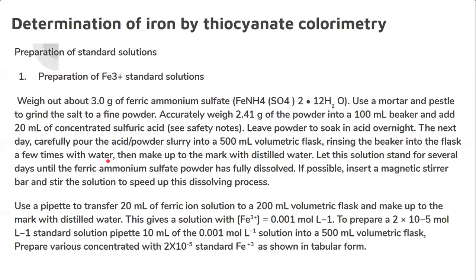Before transferring, we rinse the volumetric flask with water, then make it up to the mark with distilled water and let the solution stand for several days until the ferric ammonium sulfate powder has fully dissolved. This is because ferric ammonium sulfate is less soluble in water. So after transferring the soaked ferric sulfate in sulfuric acid into the flask, we make up the volumetric flask to the mark, and it needs to be left for a few days.